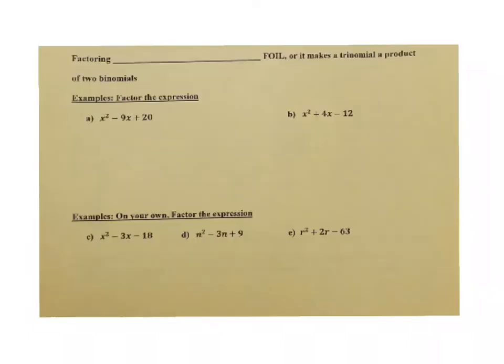All right, factoring is the inverse, or kind of like the opposite, of FOIL. It makes a trinomial a product of 2 binomials. So before, I would have 2 parentheses, and they would turn into 1, 2, 3 terms, right?